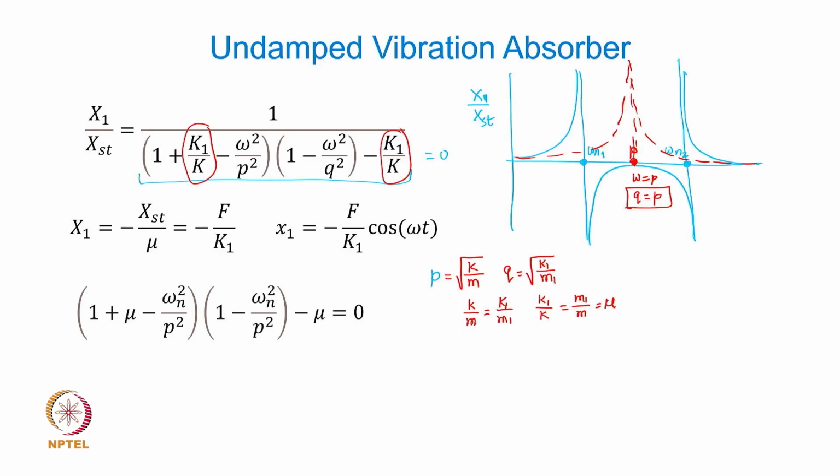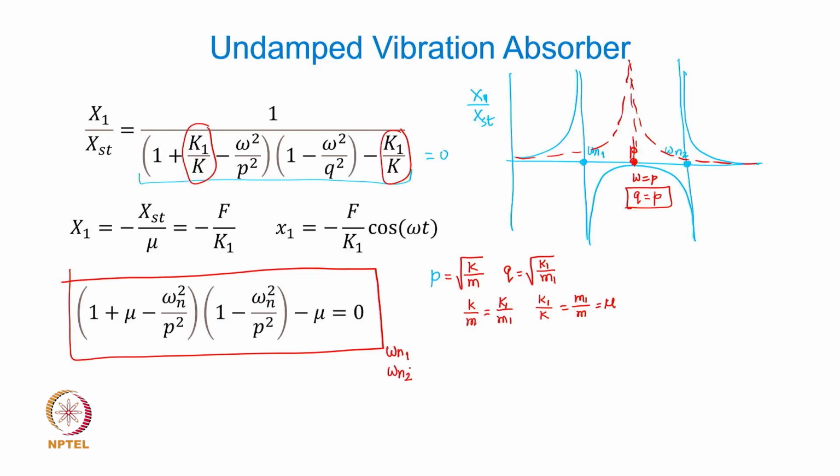and therefore this now becomes the frequency equation, and the solution of this frequency equation gives you the two resonant frequencies omega n1, omega n2, or you can also write this simply as omega 1 and omega 2, the two natural frequencies of the 2 degree of freedom system.